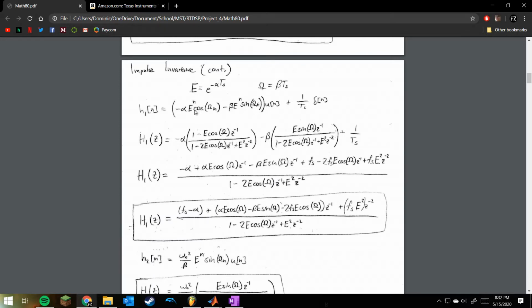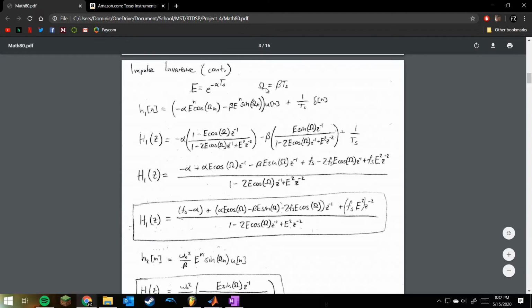Then the other substitution is omega equals beta times Ts, and this is just to match the z-transform pairs document. And in the z-transform pairs, instead of E here, it was like alpha, but we already use alpha somewhere, so we can't do that again, so we use E.